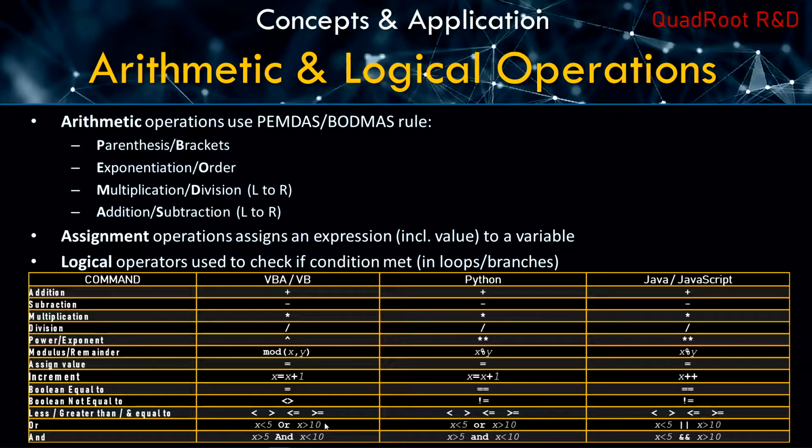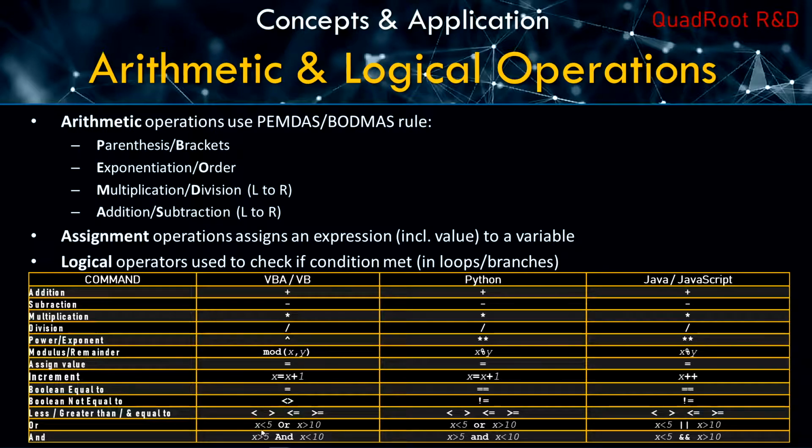And you can use the AND logical operator, which can combine, say, x greater than 5 and x less than 10, which means all the numbers between 5 and 10, which could be 6, 7, 8, and 9 if they are integers. So with these, you can then combine multiple checks. You can have 5 or 10 checks.